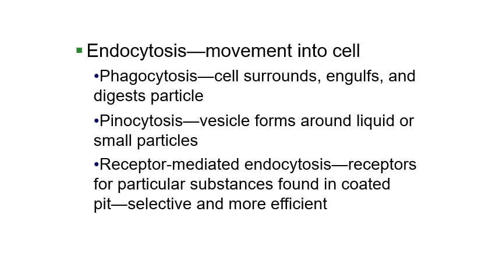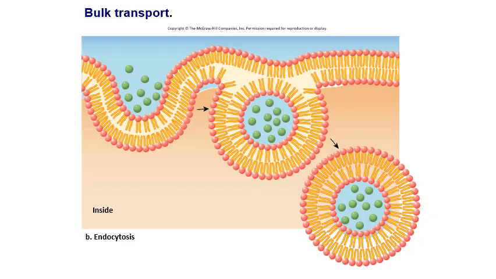They wrap themselves around a bacteria, eat it, and bring it into the cell. Pinocytosis is the same process, but usually for smaller particles or liquids. And then the last type here, receptor-mediated endocytosis. This is a specific type of endocytosis to bring in only special types of particles.